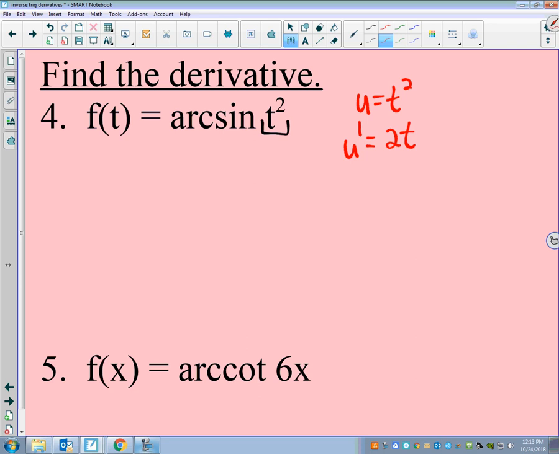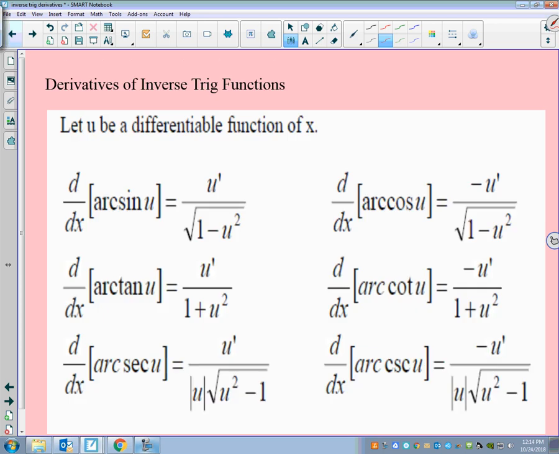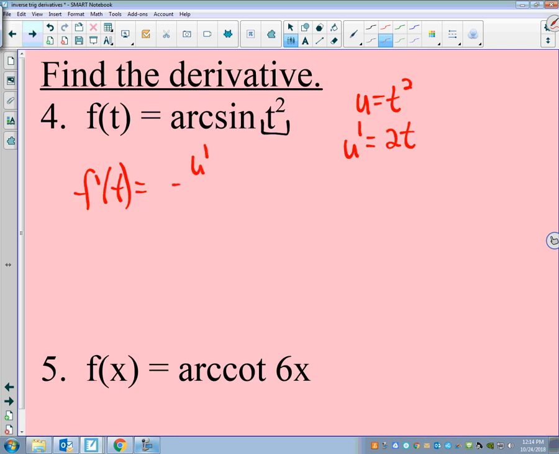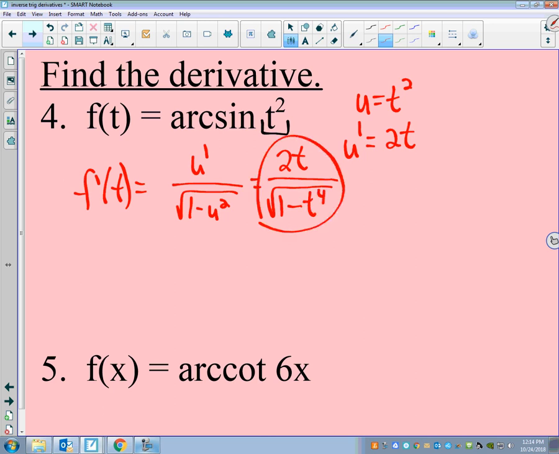If you know your formula, and this is where you're going to look back today, the formula for arcsine is u prime over the square root of 1 minus u squared. U prime is just 2t, and this would be the square root of 1 minus t to the 4th. And we're not going to do anything with that.